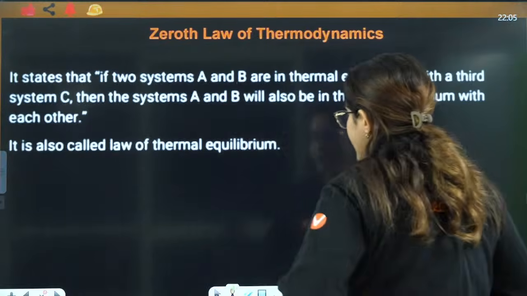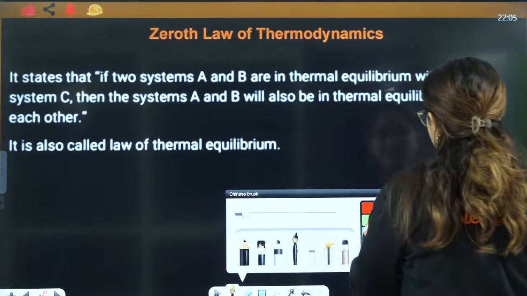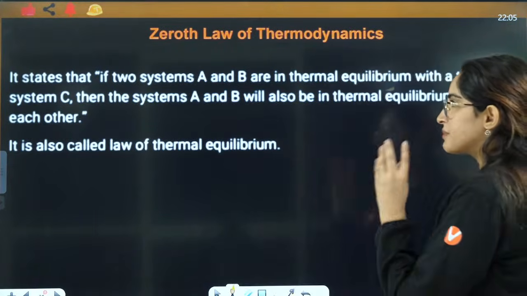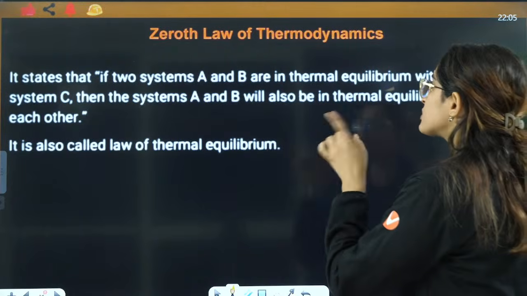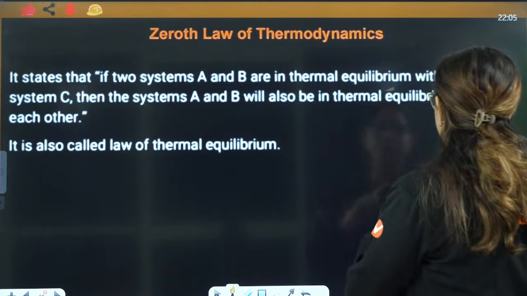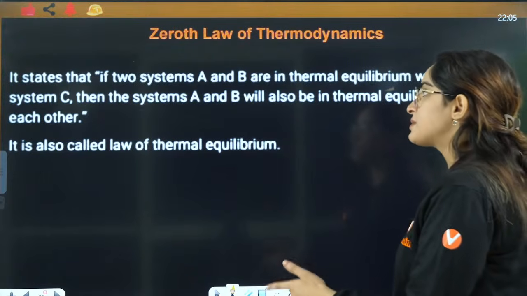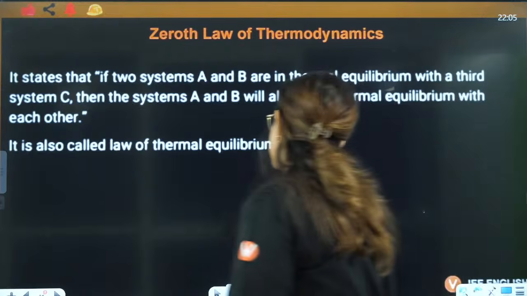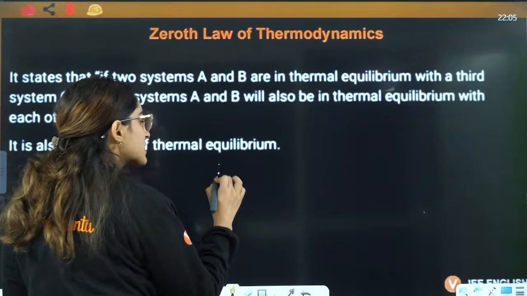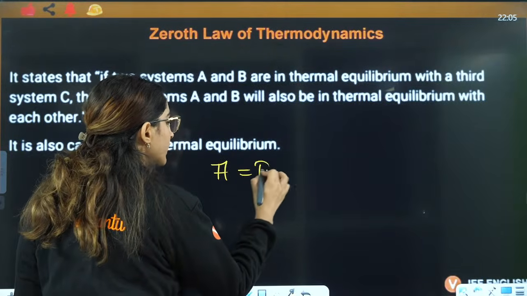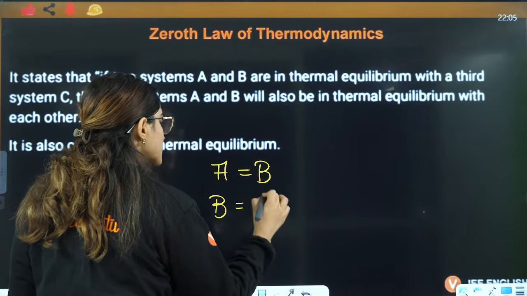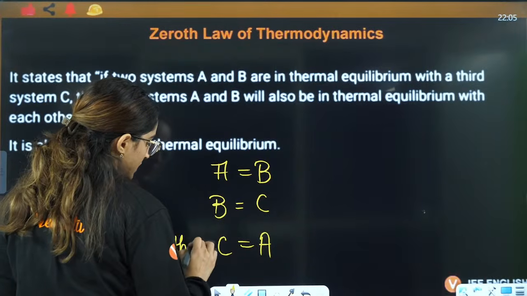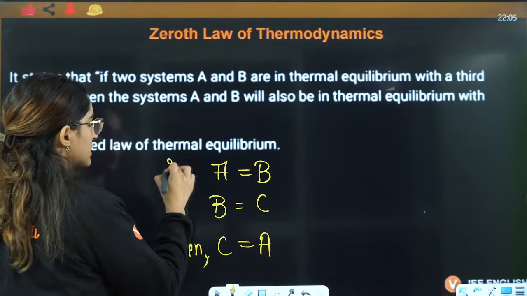Now let's see the zeroth law of thermodynamics. This is not important. I am telling you because it is there in your syllabus. It states that if two systems A and B are in thermal equilibrium with a third system C, then systems A and B will also be in thermal equilibrium. In maths you must have done, if A equals B and B equals C, then C equals A. Same thing.